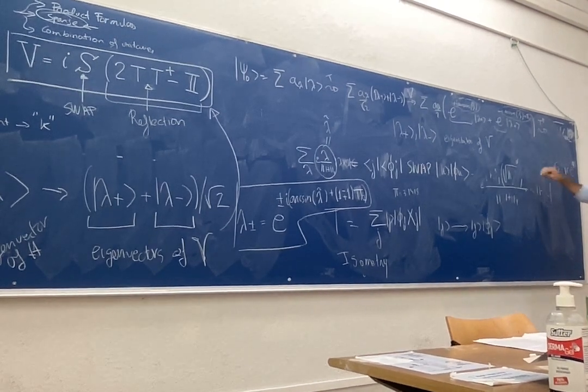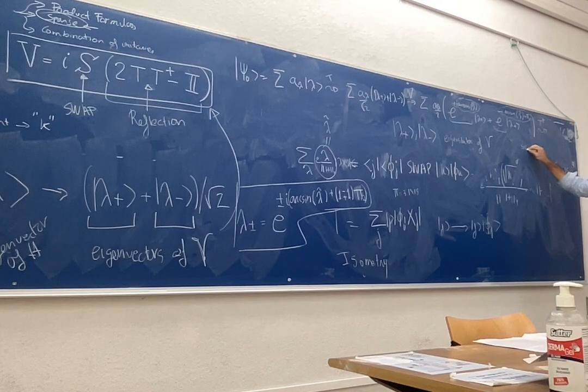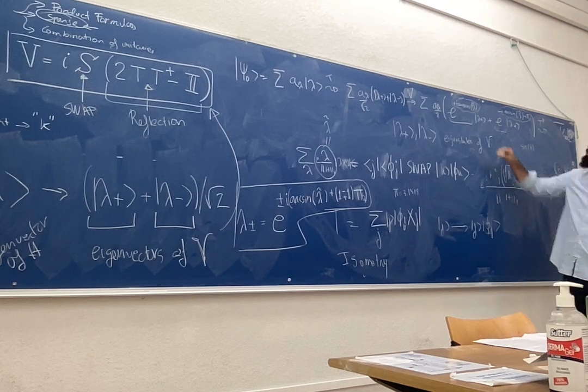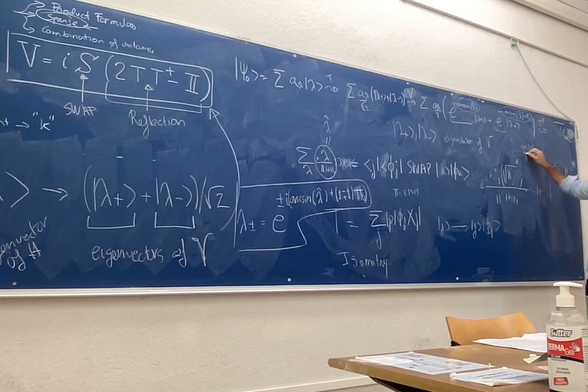And the answer is pretty simple. Just apply the transformation sin of x. Because the sin of the arc cosine of lambda tilde is lambda tilde, and the sin of minus the arc sin of lambda tilde plus pi is also lambda tilde.